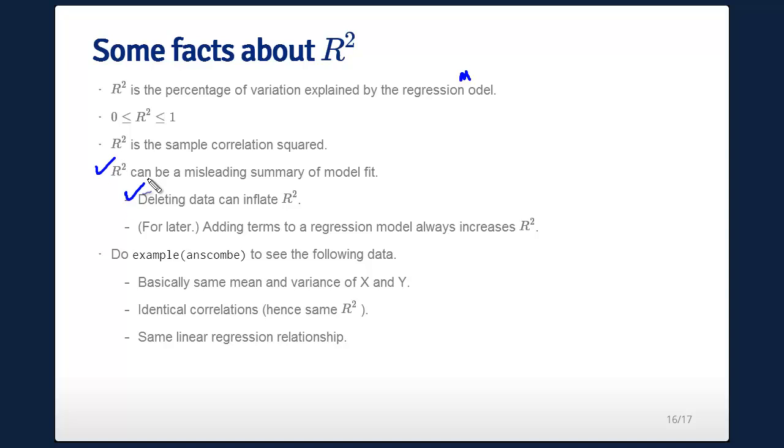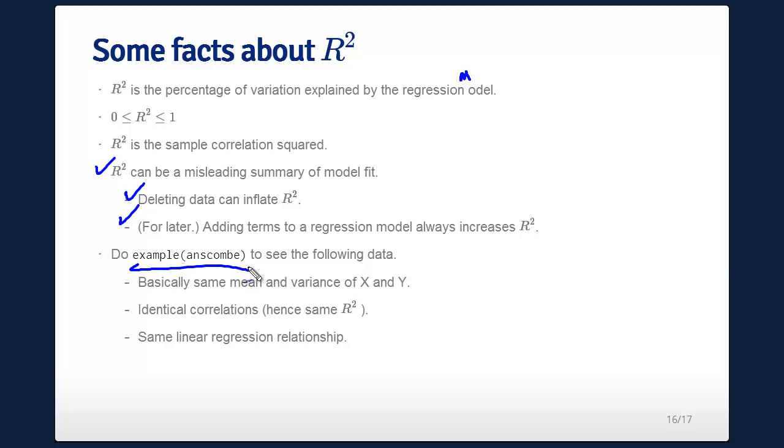If you have a bunch of data and you chop out all the middle data points, that can give you an inflated R squared. And for later, if we add terms to a regression model, it automatically increases R squared, whether or not those data points or variables are actually useful to include. Just add random noise to a model as variables and it increases R squared.